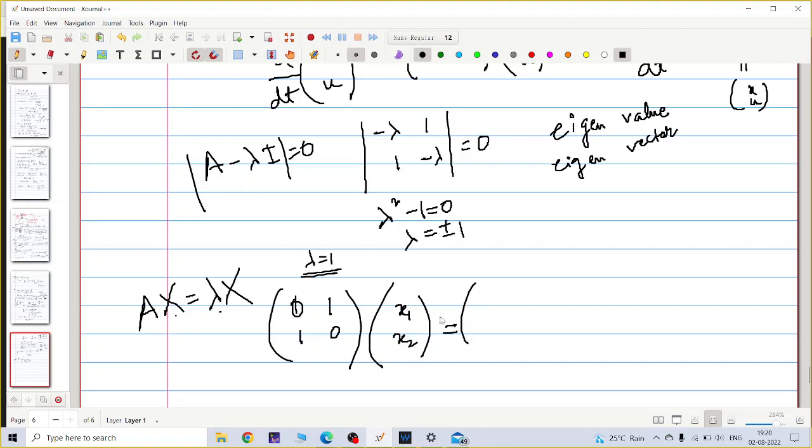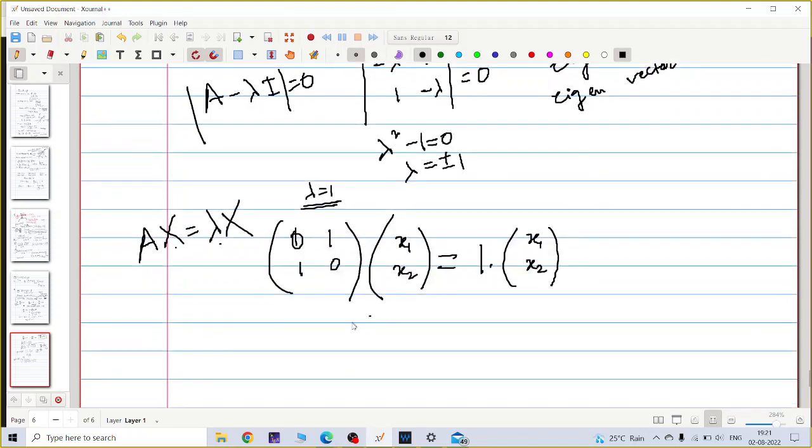For lambda equal to 1, let me write it clearly: A times (x1, x2) equal to 1 times (x1, x2).